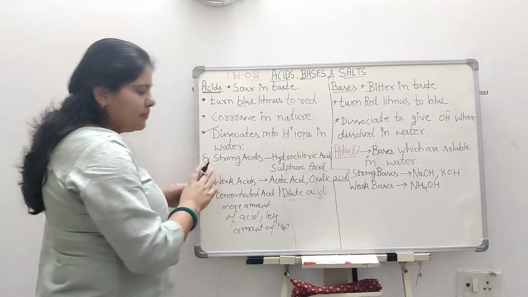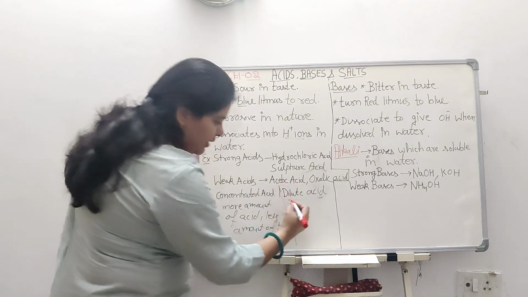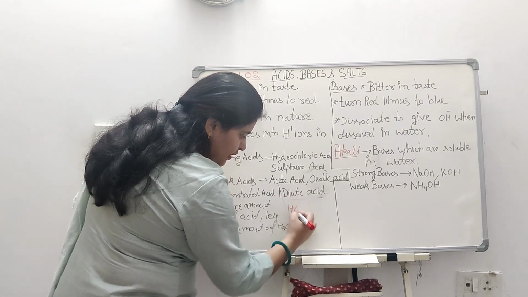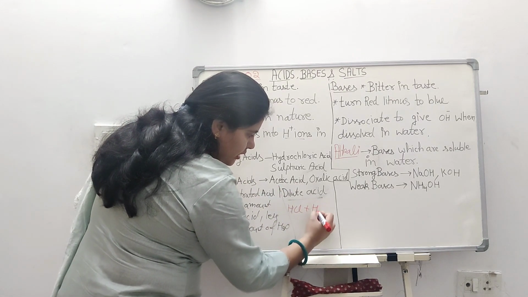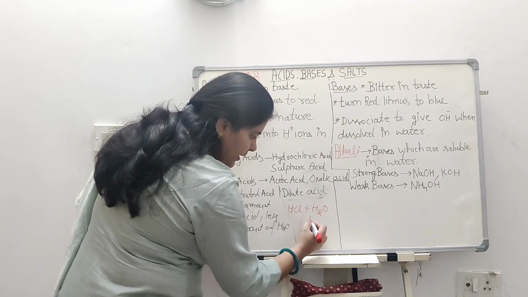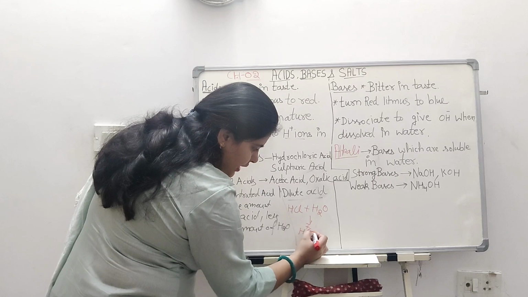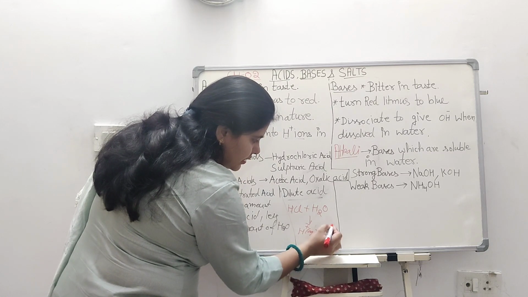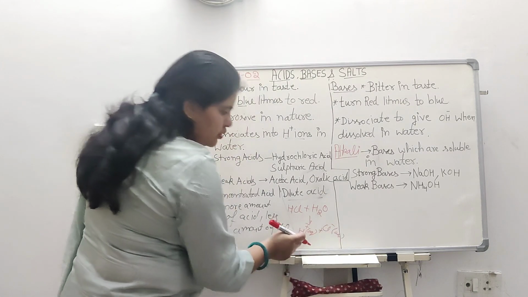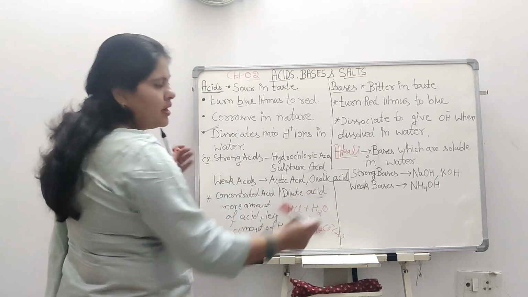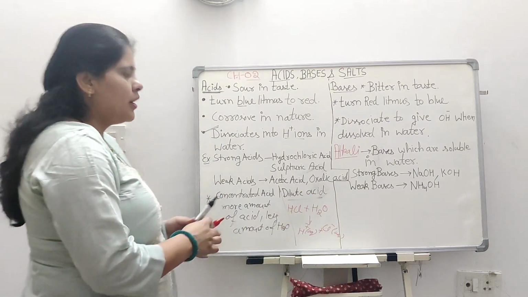For example, when we dissolve HCl in water, it breaks down into ions, H positive aqueous ion and Cl negative ion. So in water it produces two ions, H positive and Cl negative.